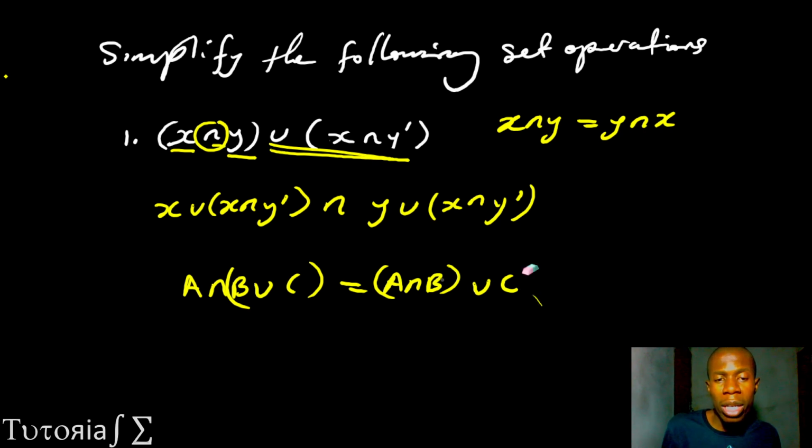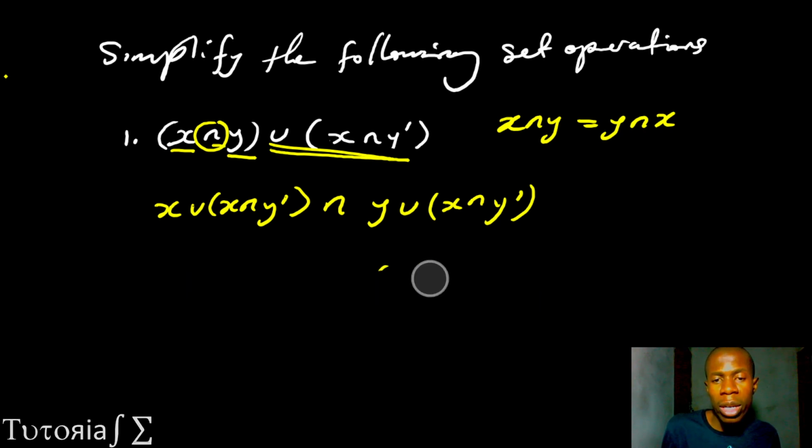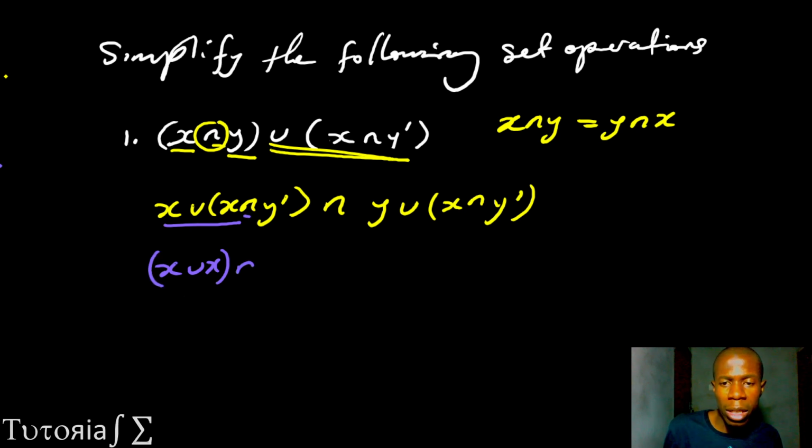So we can regroup the two parts here. These two can be grouped. This would be x union x grouped like that, then there is an intersection with y prime. Then here we can change this, so we say y union y prime, then intersection x.